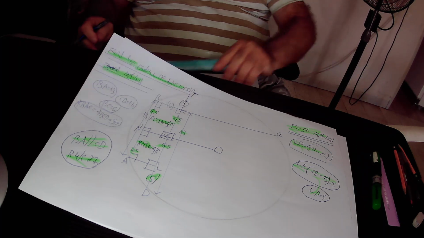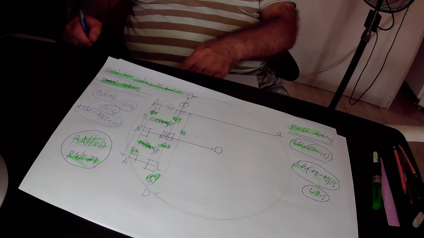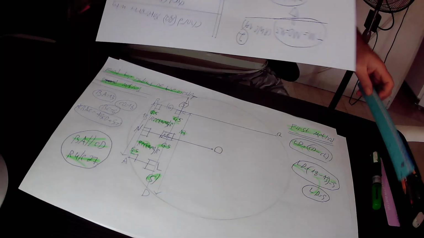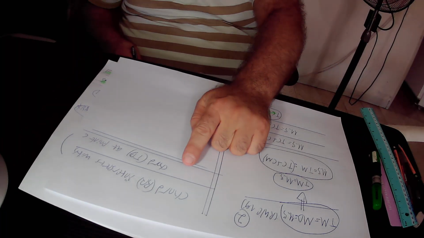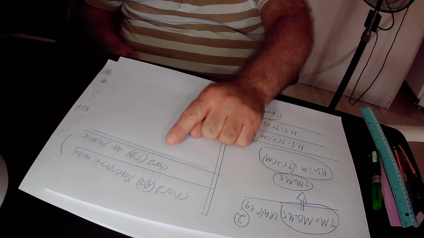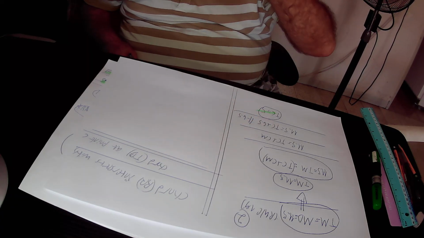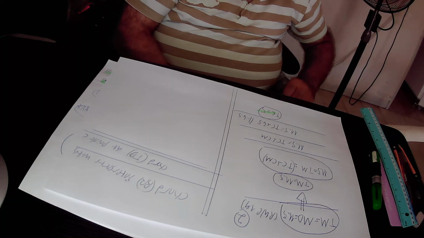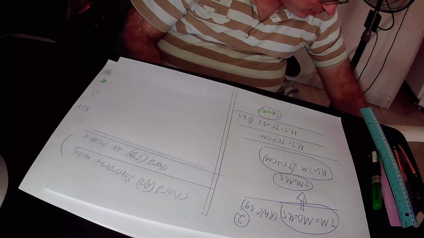And again, we found that chord BQ intersects with chord TD at point C. So here we can implement rule 15.